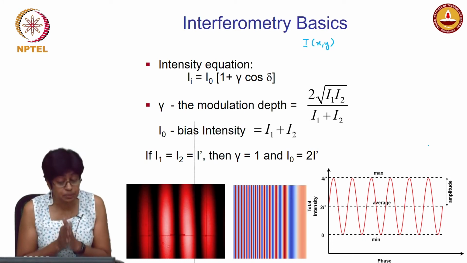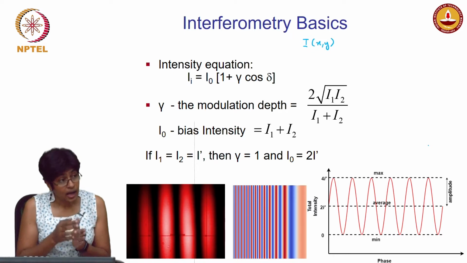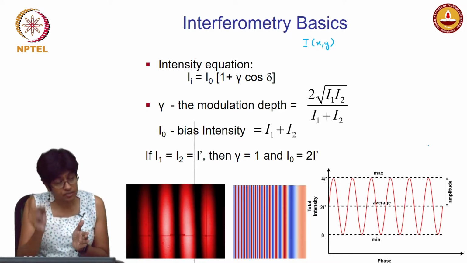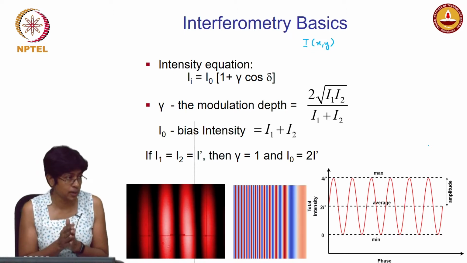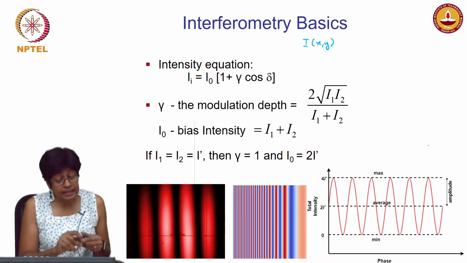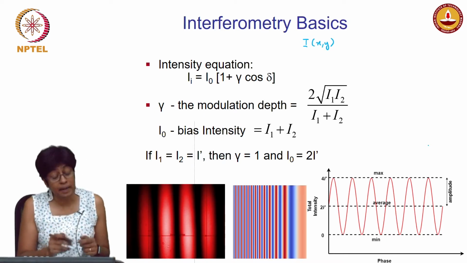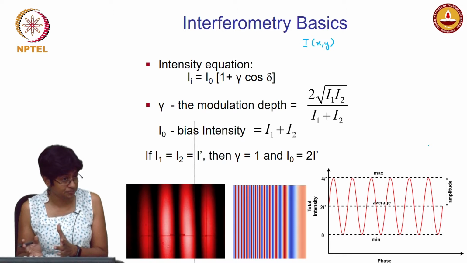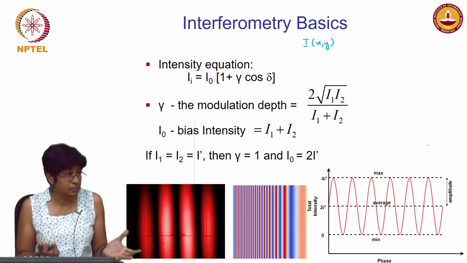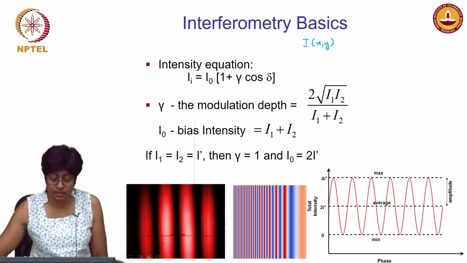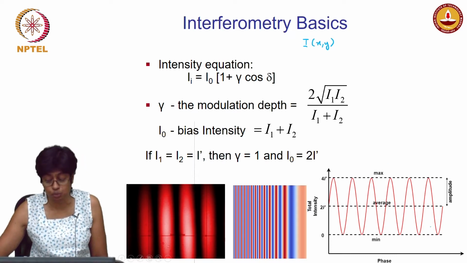Now, this expression here is telling me the highest value of modulation depth I can get is 1. And gamma is what multiplies the cosine term, right? So, that is what is giving me my fringes. These are my fringes over here. This is an example of the fringes between two beams.